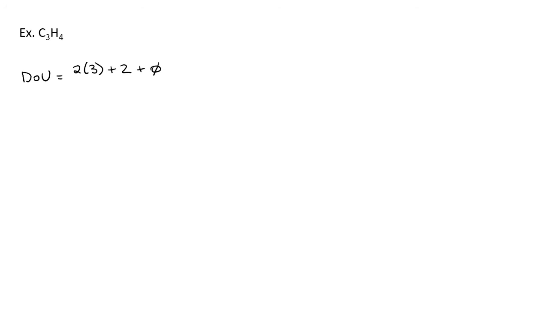We will subtract the number of halogens, which we don't have. And then we'll subtract the number of hydrogens, which we have 4. So we'll take all of that and divide it by 2, and we end up with a degree of unsaturation of 2.